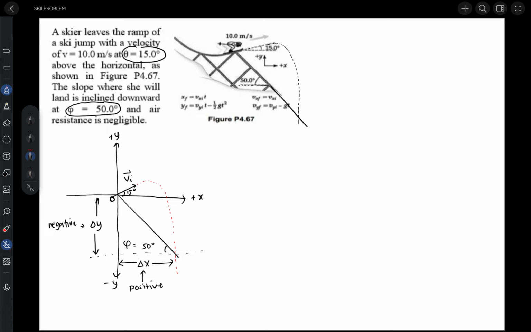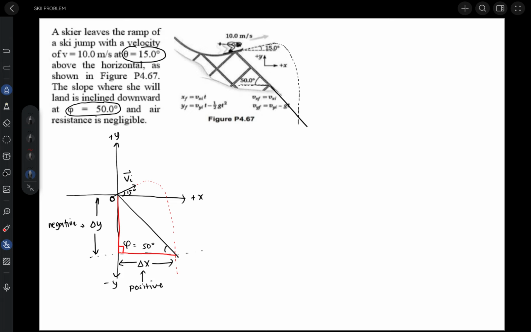As you may have seen, what we have here is a perfect right triangle for us to start the solution with.